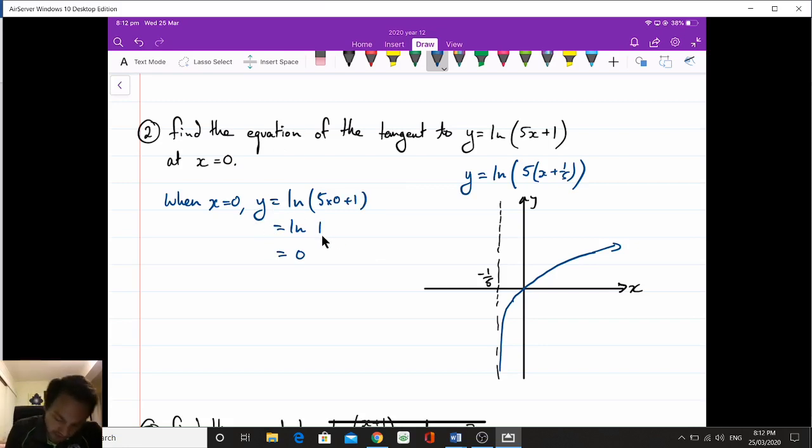But therefore, it goes through 0, 0. Now, we know we need to find a point in these tangent or normal questions because we generally will use the point gradient formula. I won't in this case because I know it will be a y equals mx line anyway. There's no plus c, or the plus c is 0 going through.